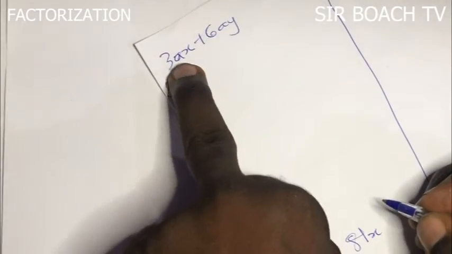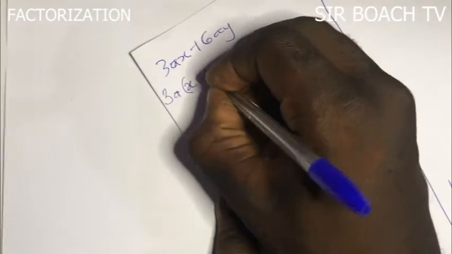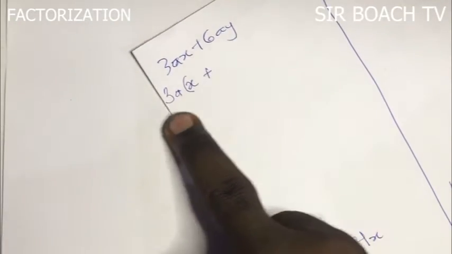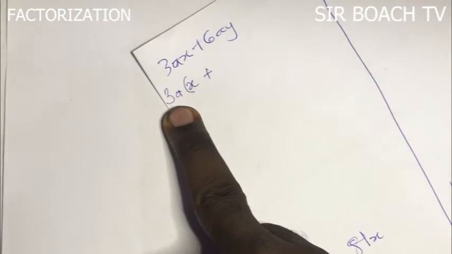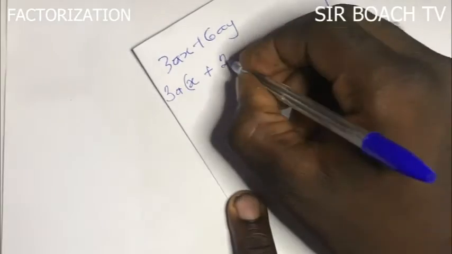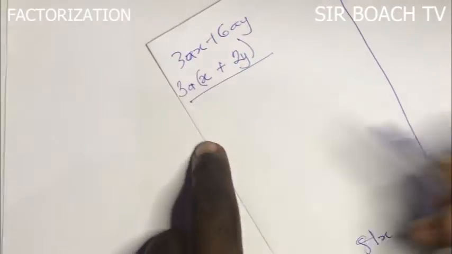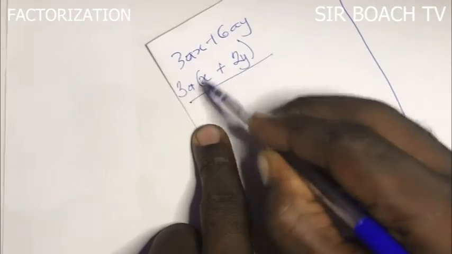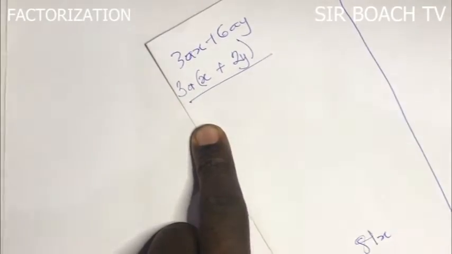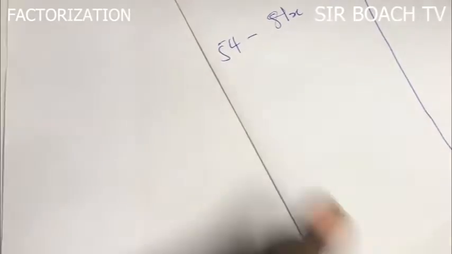If we bring 3a out, what will be left here? It's left with x, plus, 3 times what gives you 6? That is 2. Then the a is out, so what will be left? Y. So that is the factorization of this. It means that if I multiply this by that, I get this. Are we good?